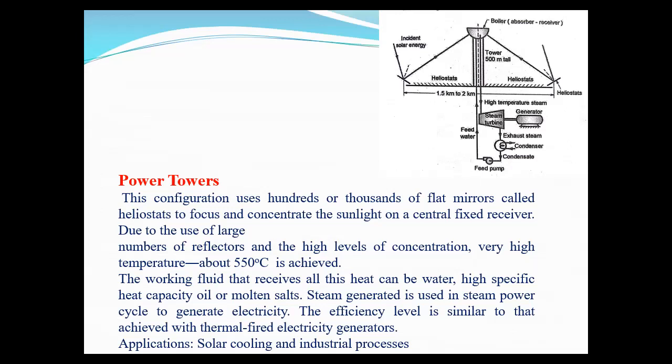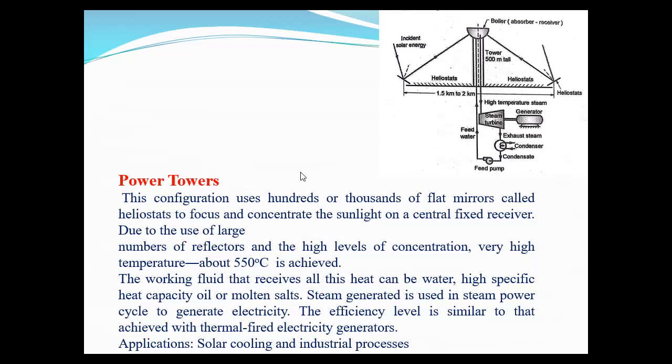Water is directly converted into steam, and that steam is used in the steam turbine to generate power, and that mechanical power is converted into electricity by the generator. The expanded steam enters the condenser, where it condenses by rejecting heat to cooling water, and again the condensate is pumped into the boiler with the help of the feed pump.